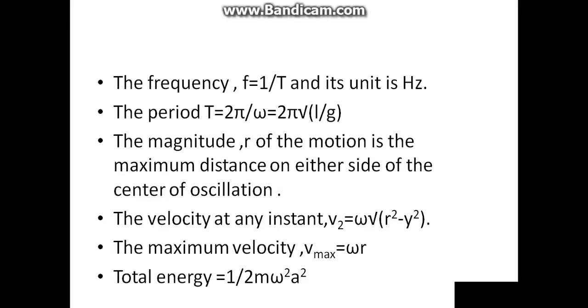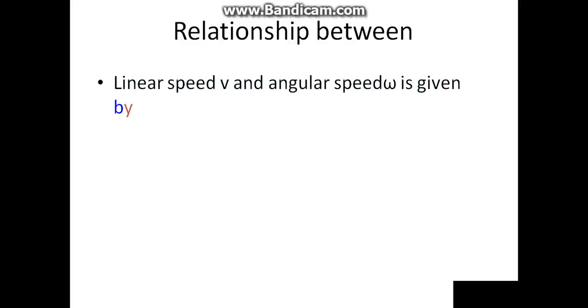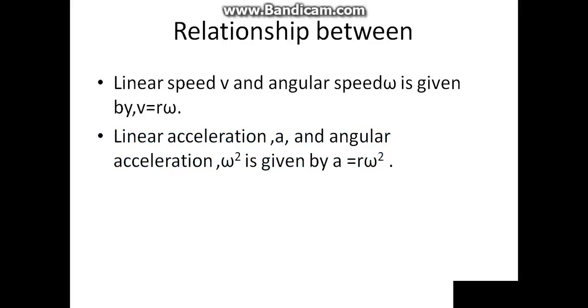Total energy is equal to half m omega squared r squared. The relationship between linear speed v and angular speed omega is given by v equals r omega. Linear acceleration a and angular speed omega is given by a equals r omega squared.